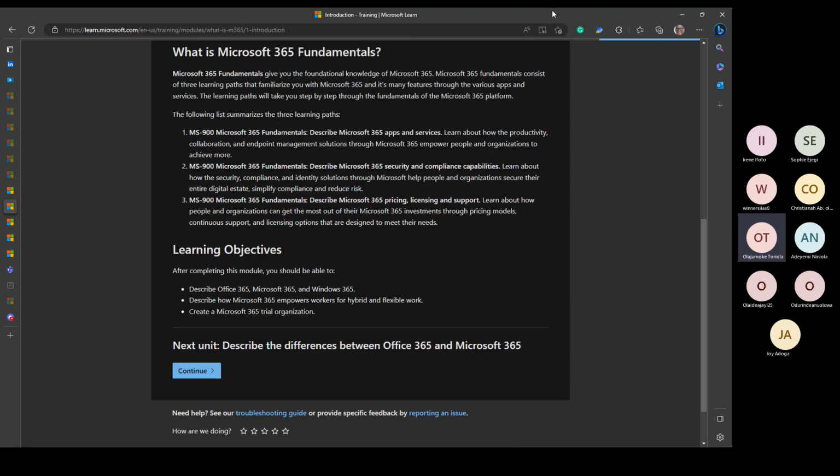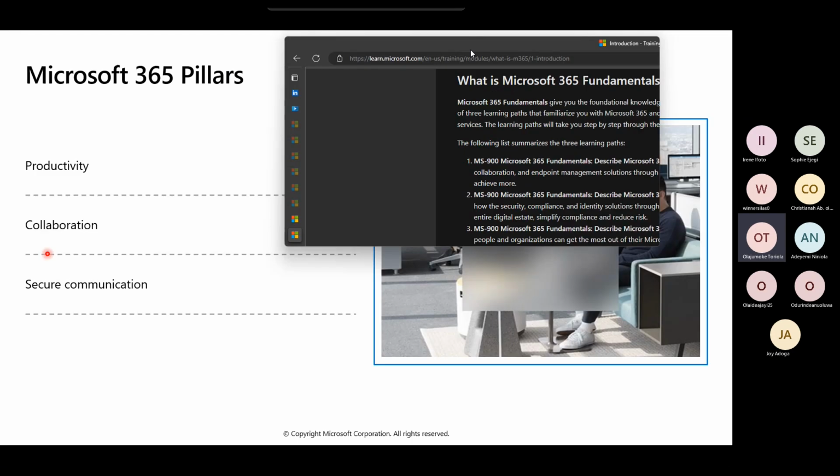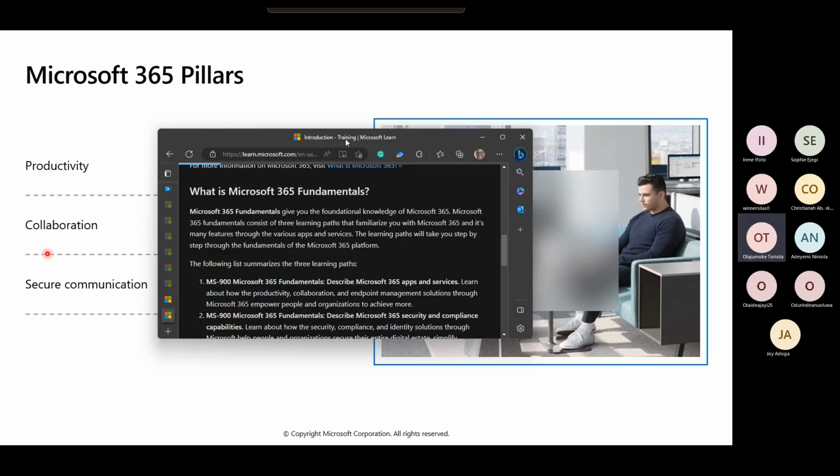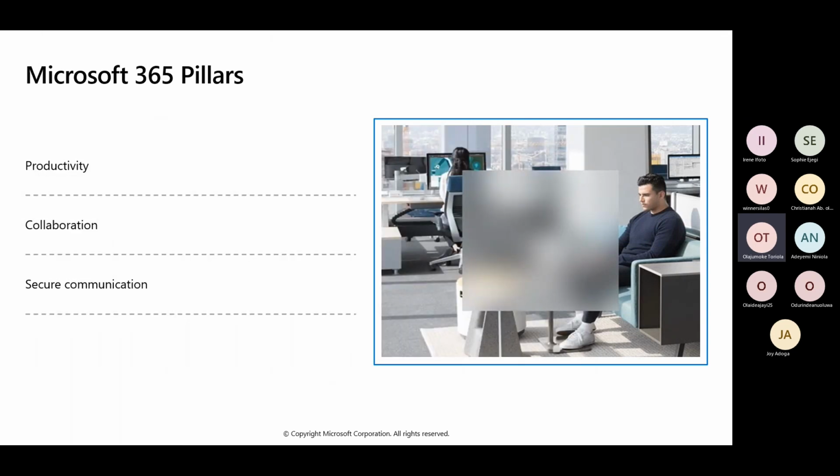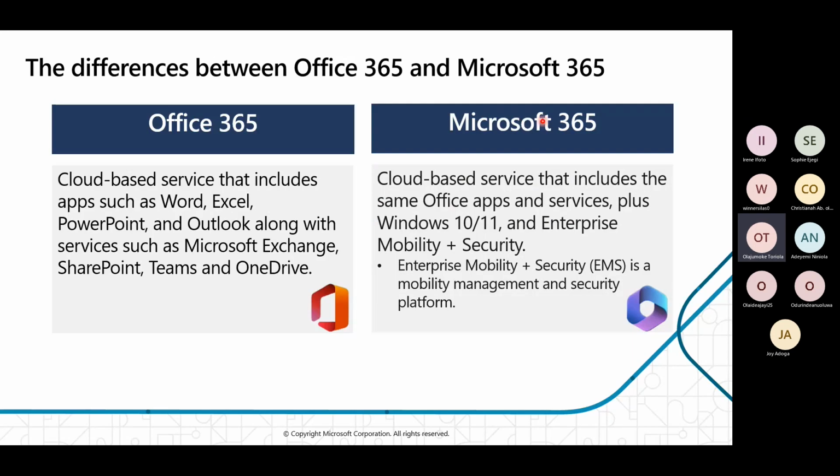While that is said, let's look at the difference between Office 365 and Microsoft 365. Remember, I told you that Office 365 is also a SaaS solution. It is cloud-based, but referred to as a service, a cloud-based service that includes apps, like I said before: your Word, your Excel, your PowerPoint, and Outlook, along with services such as Microsoft Exchange.